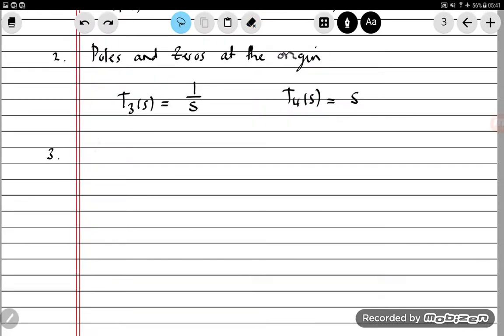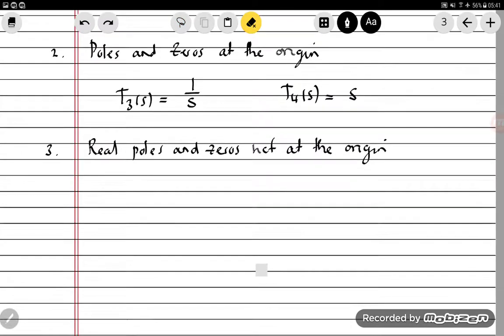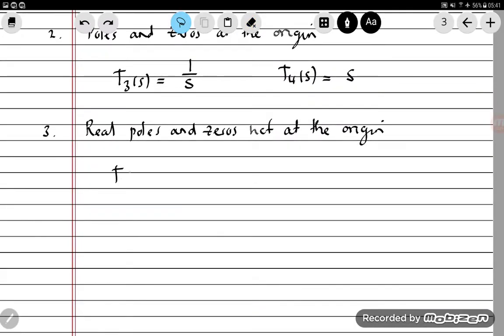The third building block was real poles and zeros, not at the origin. Let's call the pole T5 of S, and we write it in this form, and the 0 we write it in this form.